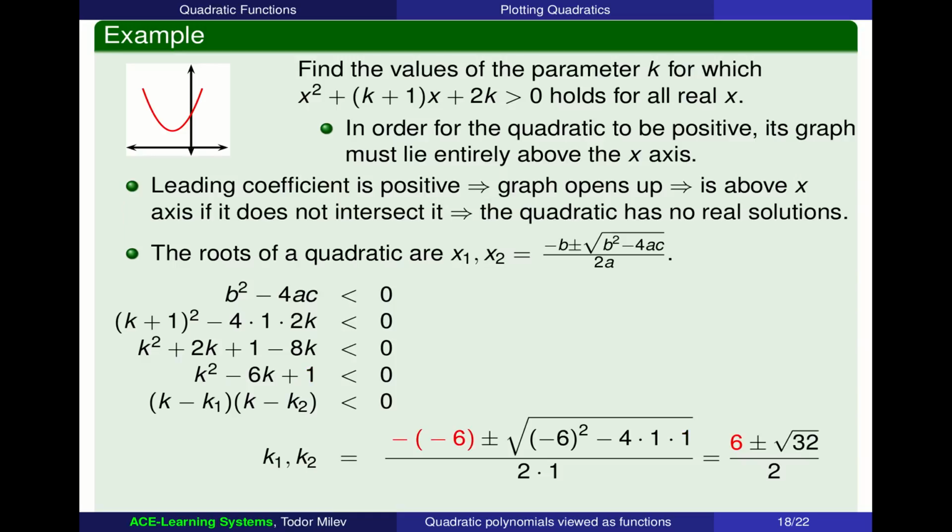Now minus minus 6 is plus 6, and let's check what this turns out to be. Negative 6 squared minus 4 times 1 times 1, that is 36 minus 4, which is 32. So that is 32 indeed. Now I run out of space.